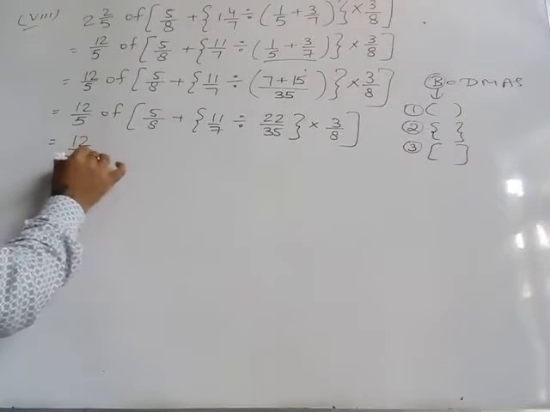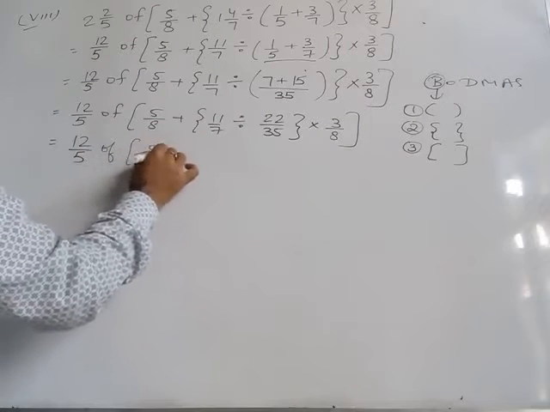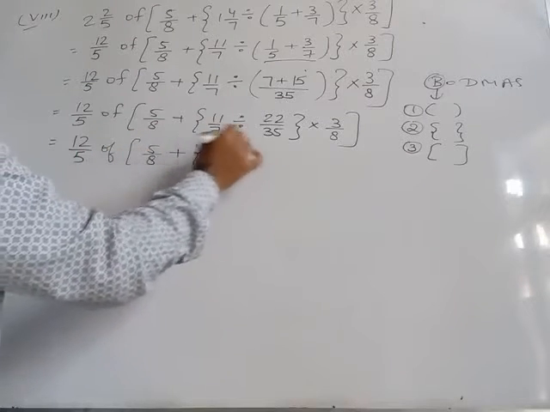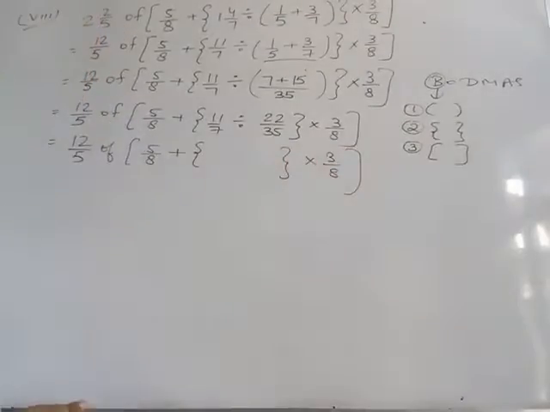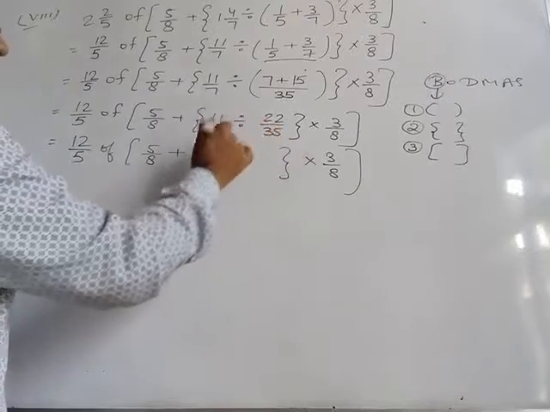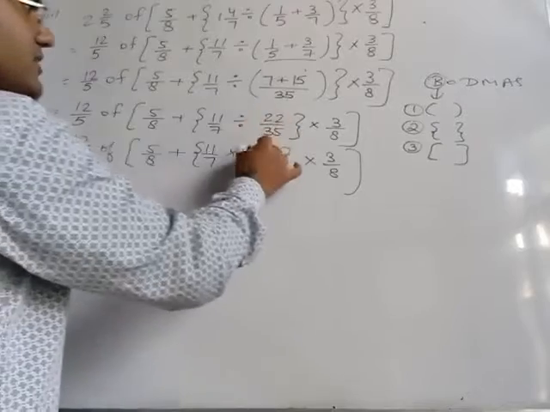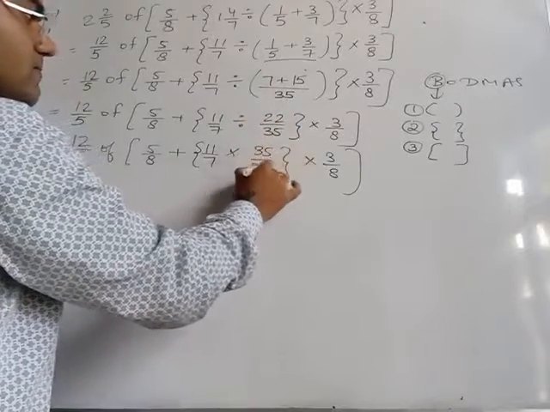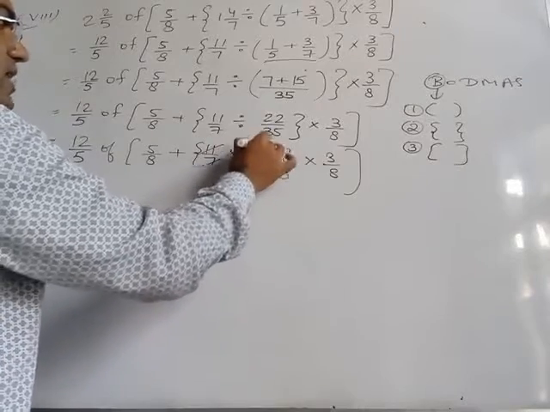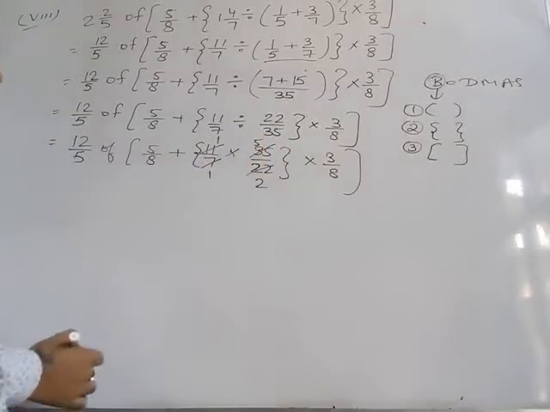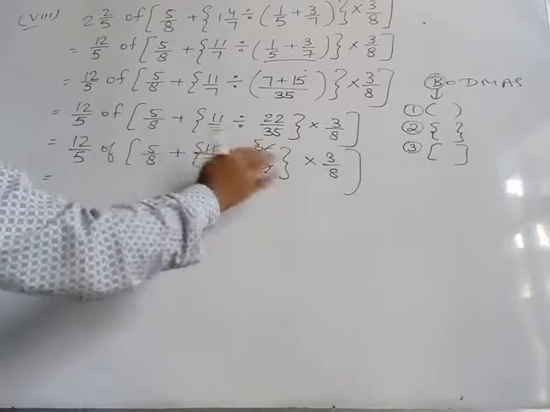We will solve this curly bracket now. Rest of the things we will write as it is. Rest all the things we had written here. In this curly bracket, divide is coming. So the rule is this: divide we will change into multiply, and the right hand side number we have to take the reciprocal of. 11 2s are 22, 7 5s are 35. Now these two fractions we have to multiply together.